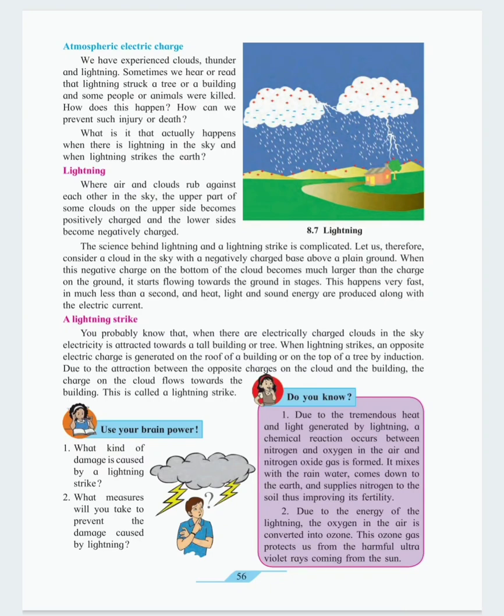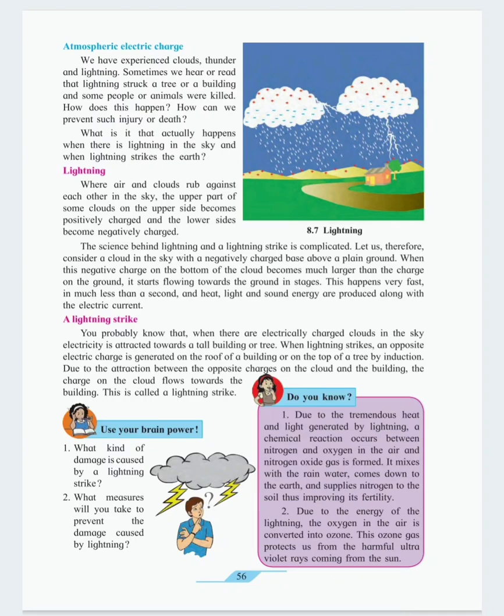These charges are due to the rubbing of air and the clouds in the atmosphere. What happens next? In some previous classes of this lesson, we have come to know that positive and negative charges get balanced. Wherever positive and negative charges are there, they get attracted to each other.